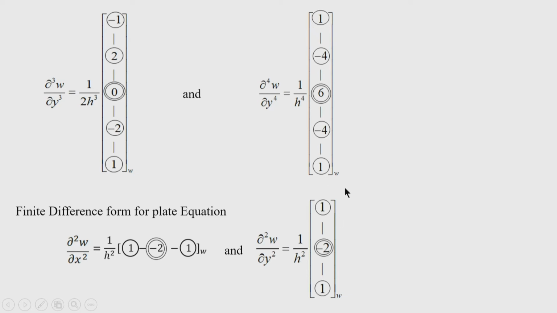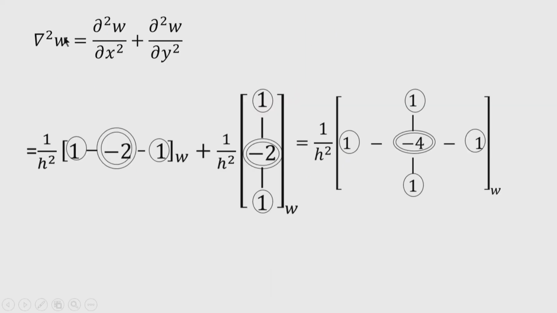Okay. Now, the finite difference form for the plate equation has to be obtained. So, we know difference quantities, that del square w by del x square, del square w by del y square, etcetera. And then if I express w with the Laplacian operator del square w, I can write del square w by del x square plus del square w by del y square.